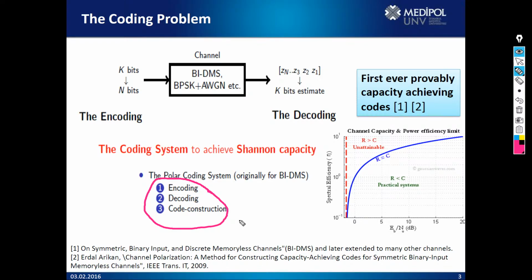And here is the first paper on, it's not the first paper, but it was the paper that explained everything related to polar codes and to the phenomenon called channel polarization.